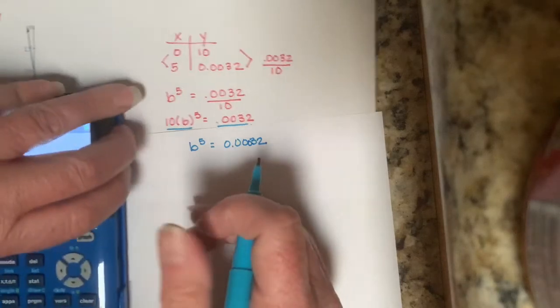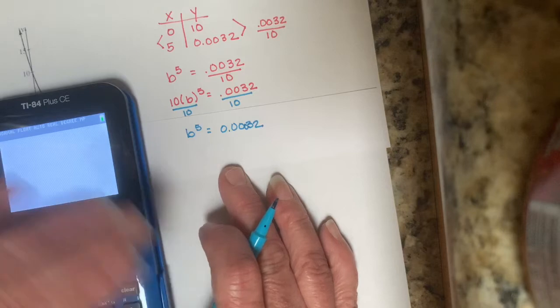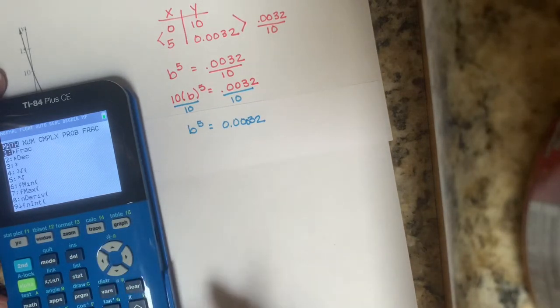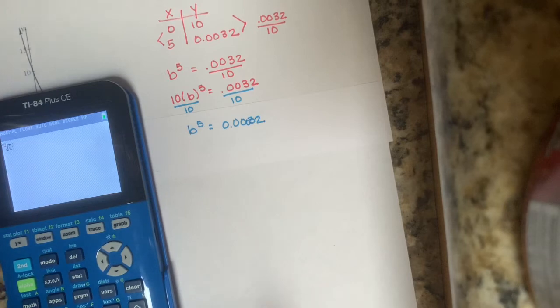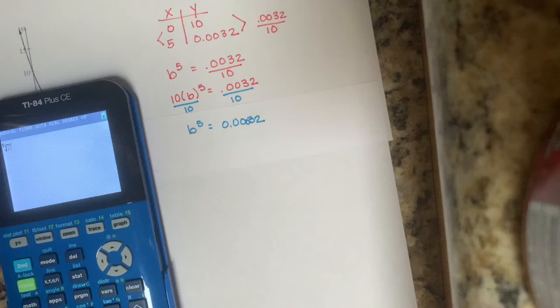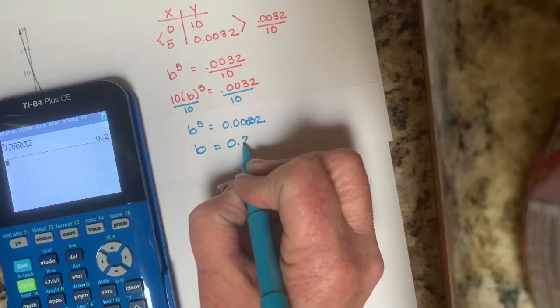So now in my calculator, I am going to take the 5th root of 3200 thousandths. This is why in the toolkit today that I did earlier today, I was telling you the importance of this. So I'm going to have 0.00032. And when I take that, it turns out that B equals 2/10.